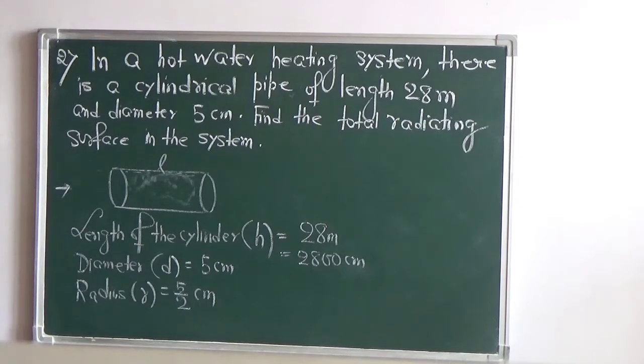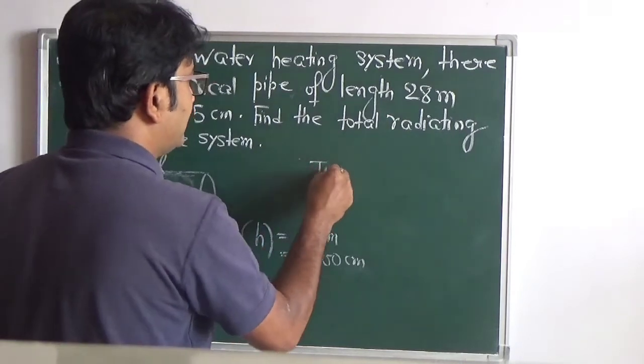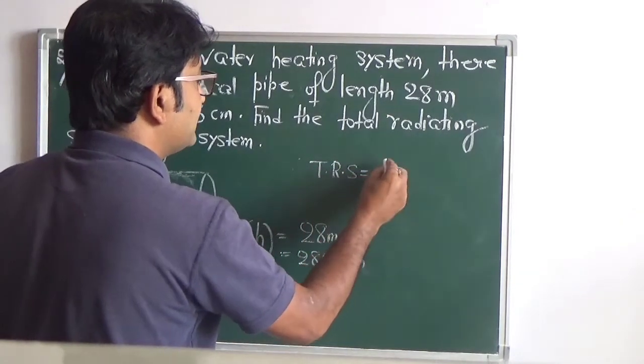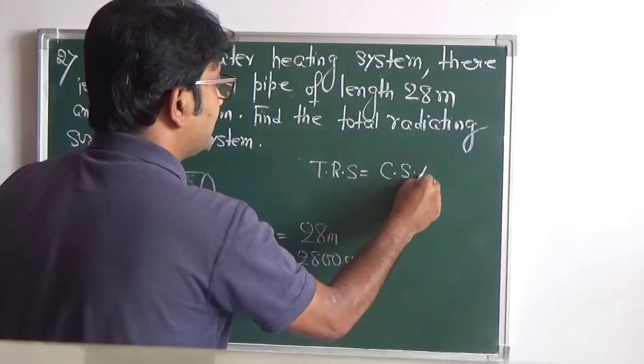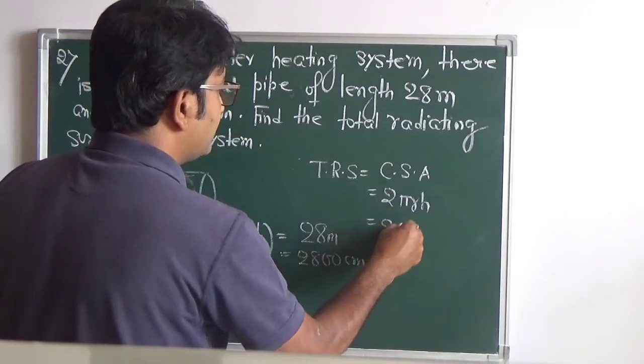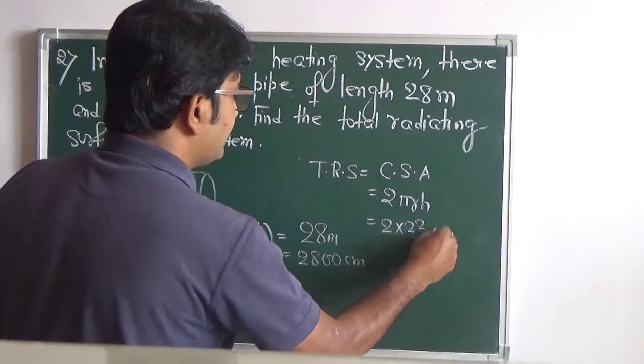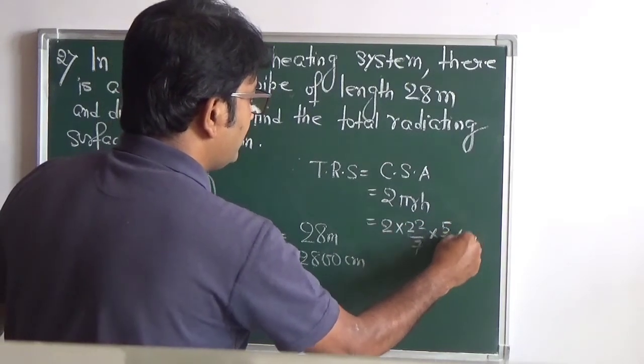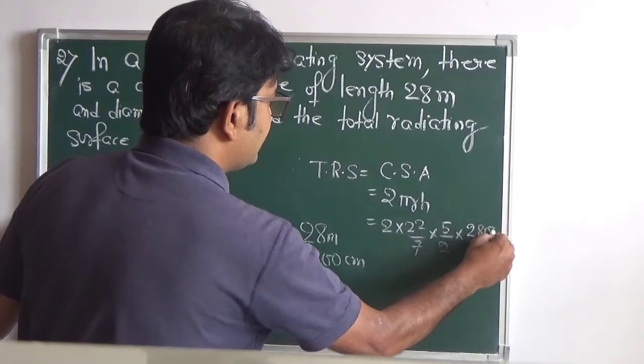So the total radiating surface is the curved surface area, which is equal to 2 pi r into h. So 2 into 22 by 7, radius is 5 by 2, and this is 2800.